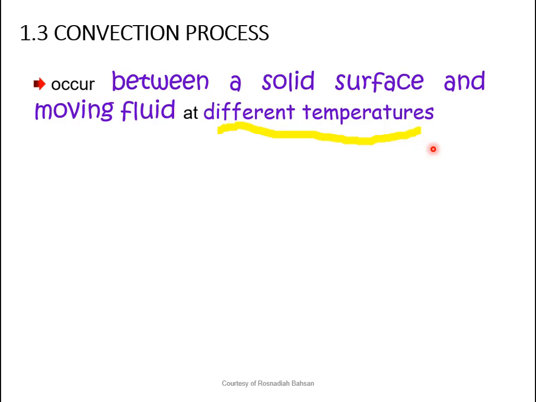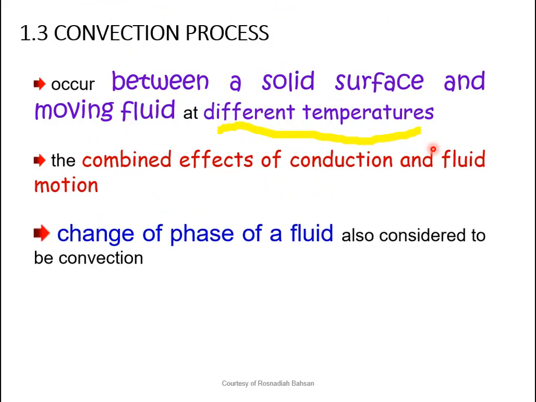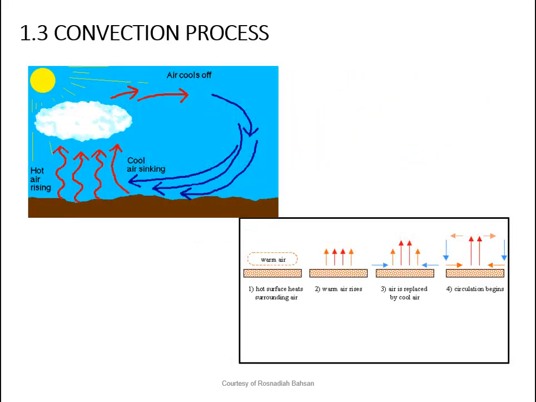The steam is moving inside the solid pipe, so there is a solid surface and a moving fluid at different temperatures, so heat will be transferred. The combined effect of conduction and fluid motion, and change of phase of the fluid, is also considered convection. So this is some example of convection.